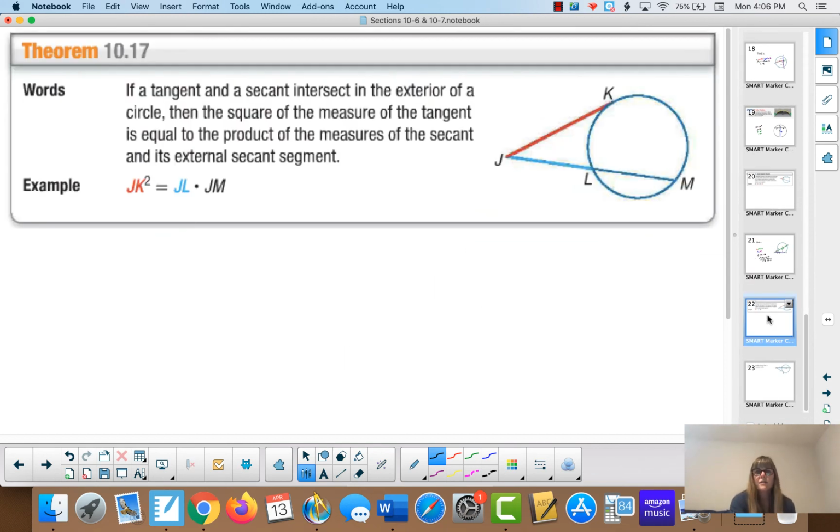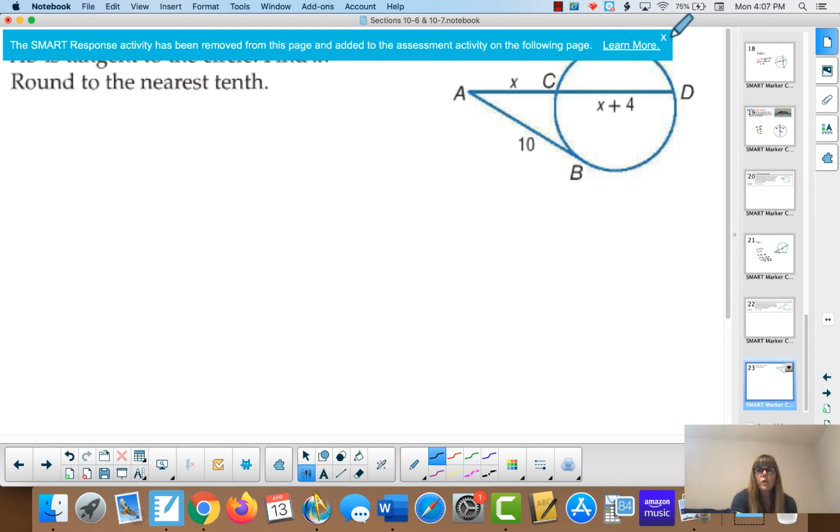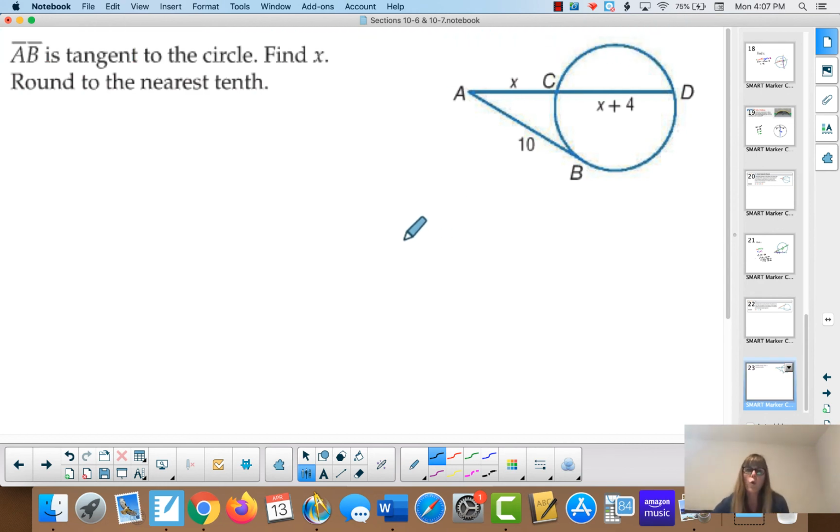And finally, our last equation would be the whole times the outside equals the tangent squared. So once again, we want to be careful that we're doing whole times the outside and not outside times the inside. In this case, the outside is x.